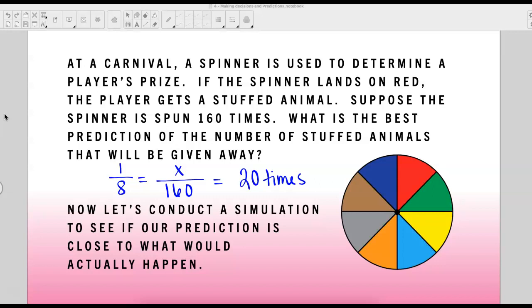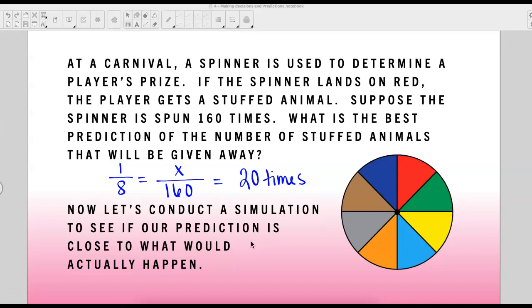How many times did you get heads, heads, heads? 0. 1. 0. 1. 2. Oh, good job. 0. 1. So we got heads, heads, heads 12 out of 160.